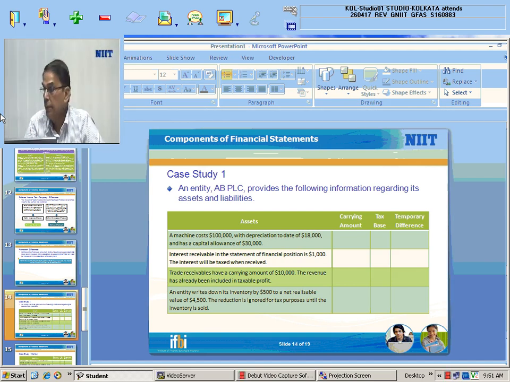Is that clear? Fourth example. An entity writes down its inventory by $500 to a net realizable value of $4,500. But this reduction is ignored for tax purposes until the inventory is sold.